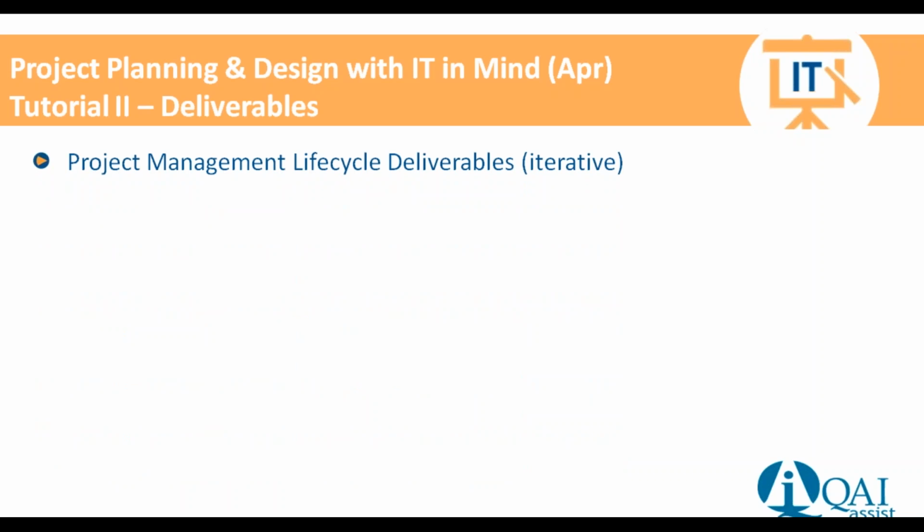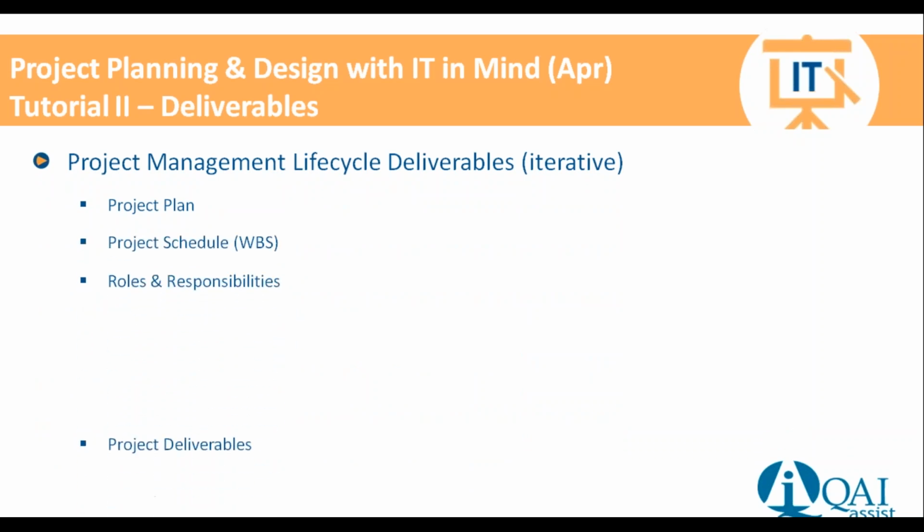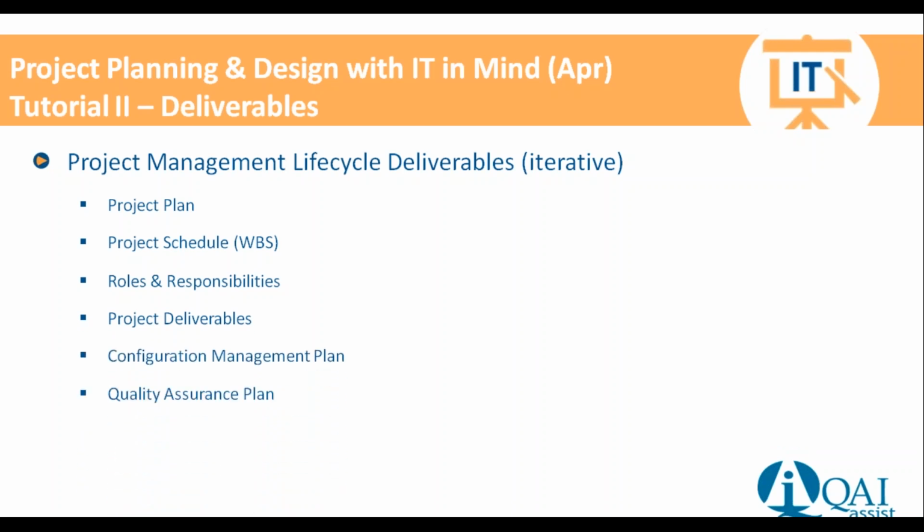If you remember back, we mentioned earlier in April that there were some project management deliverables that we were going to do, i.e. the project plan, project schedule. All of these things are going to be done or should be close to being completed before we start our project. But we also mentioned at that time, we are going to establish a number of other deliverables that we knew we were going to use to help control and verify the project.